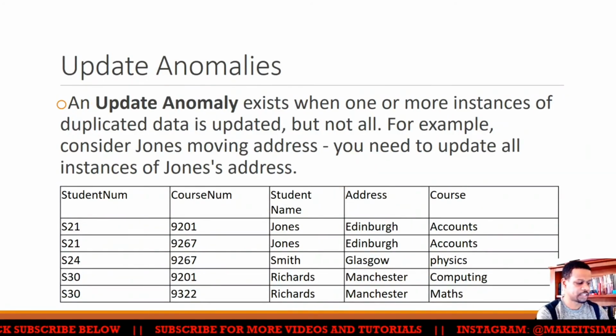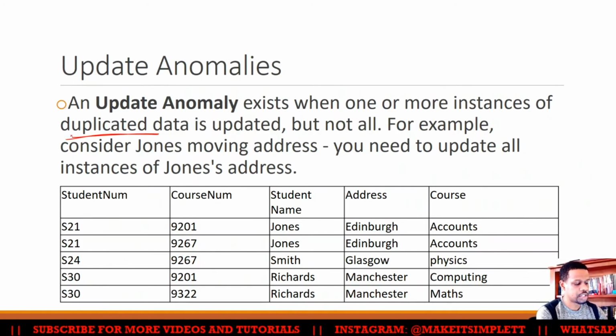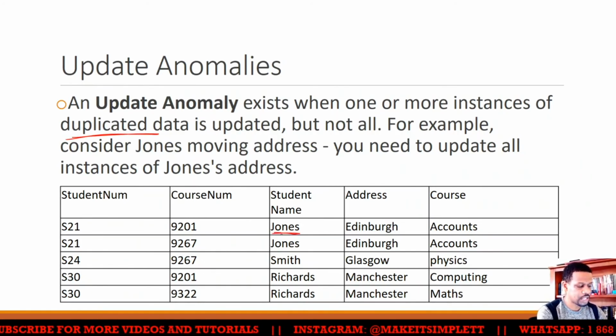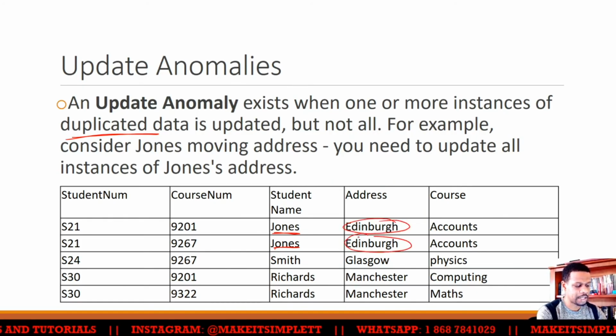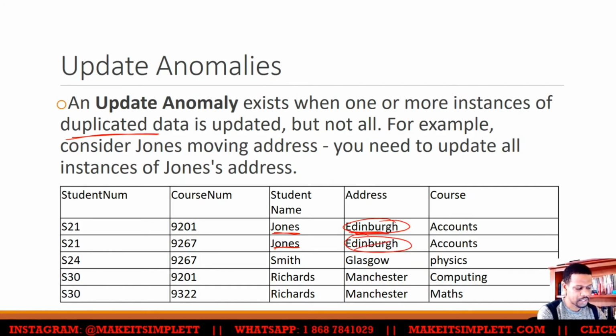An update anomaly is this. When you have more instances of duplicated data, you would have to change the address of plenty of people. So let's say you have Jones here. If you want to change the address of Jones, you're going to have to type over Edinburgh here and Edinburgh there. That's an update anomaly because you may update this one but forget to update that one.